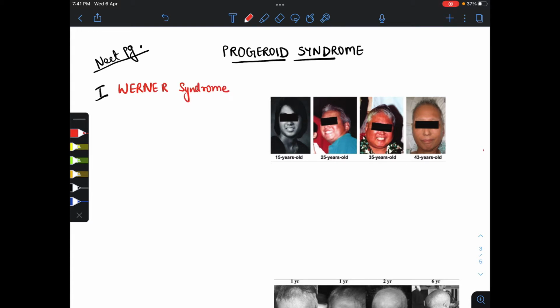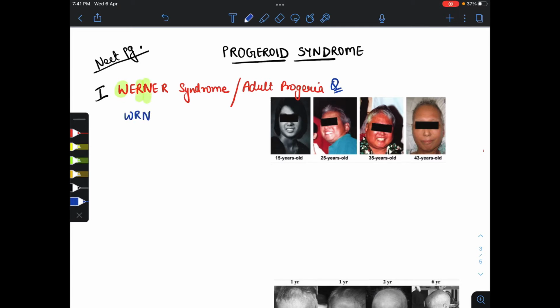In Werner syndrome, the other name is adult progeria, which is also known as Werner syndrome. First we have to remember the gene defect. From Werner, W, R and N, means the WRN gene defect will be there.